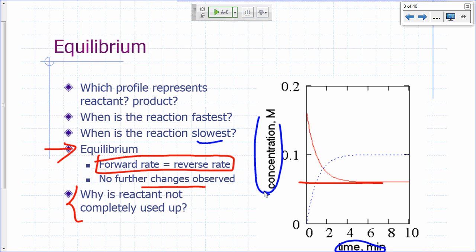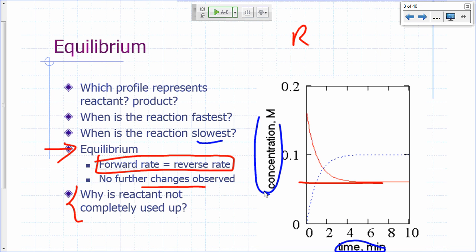So we say a reaction is essentially complete if the reverse reaction is very slow. Remember we talked about kinetics: the rate constant of the reverse reaction is very small compared to the rate constant of the forward reaction.